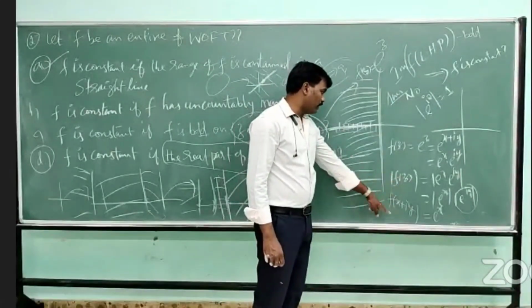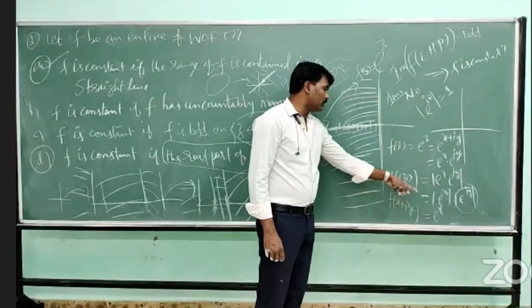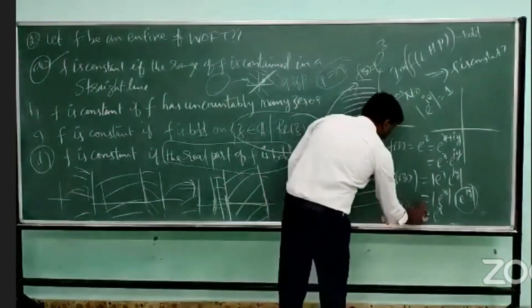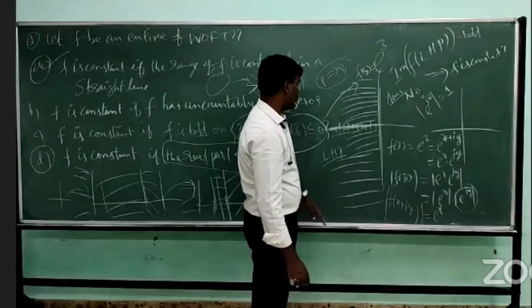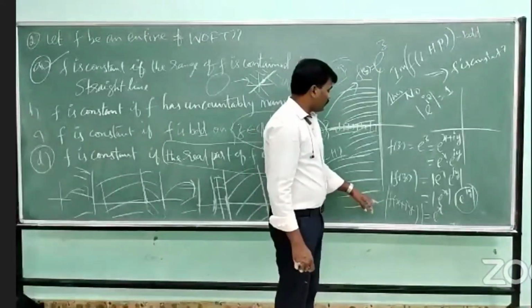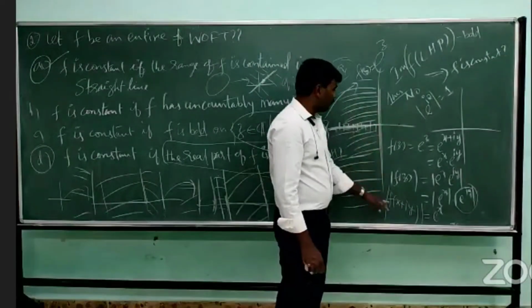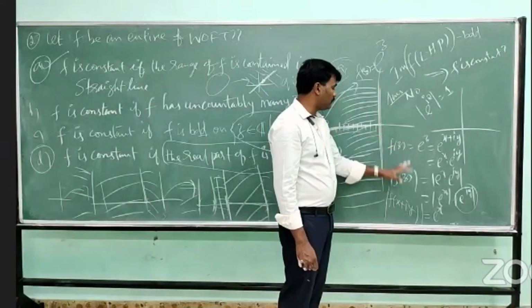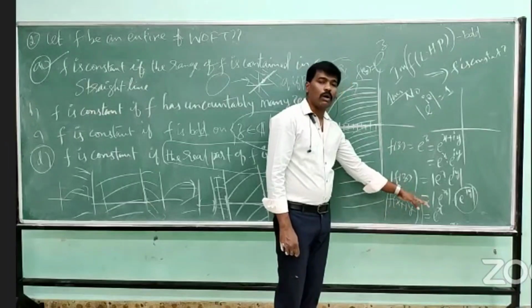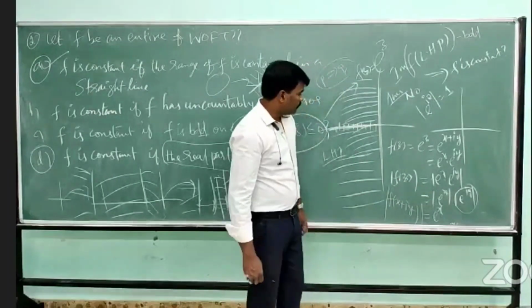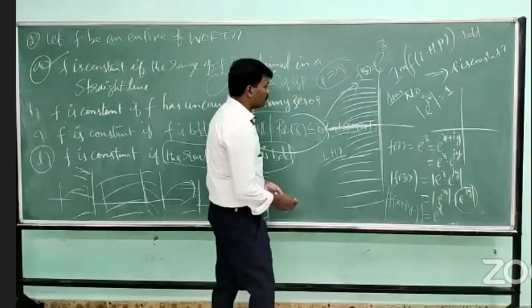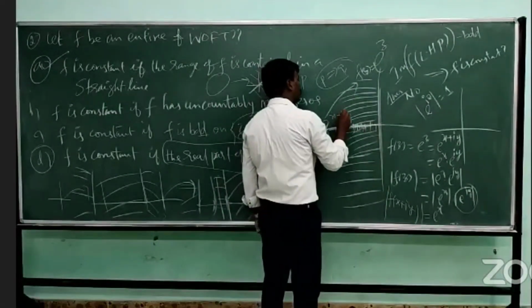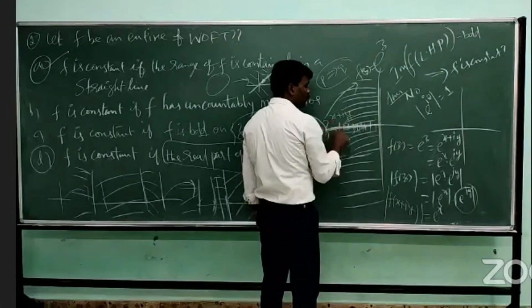In particular, if you take any complex number z, when you apply the modulus, the output is e power x only. So in the left half plane, you take any complex number x plus iy, and the output is e power x only.